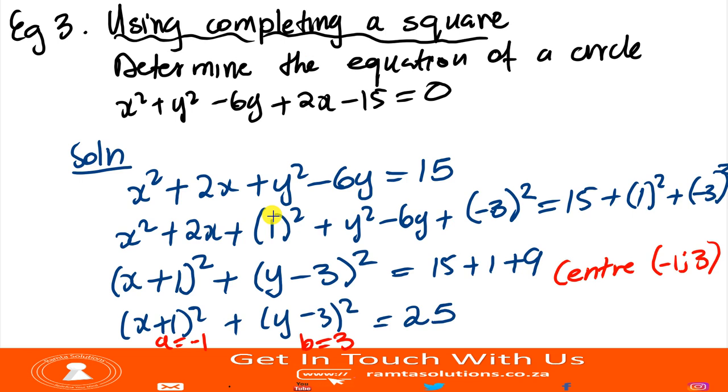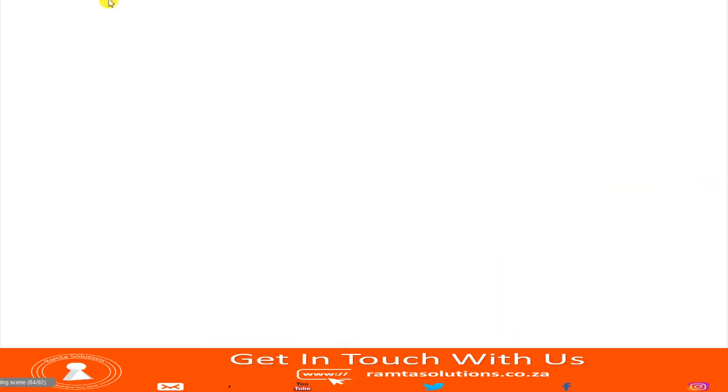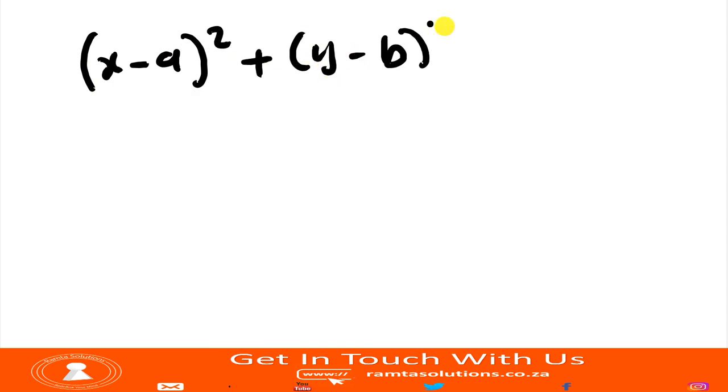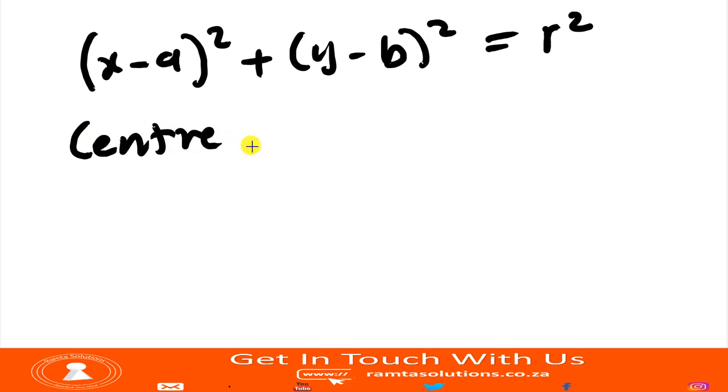I want to summarize and say, remember, when the center is not the origin, your equation is x minus a all squared plus y minus b all squared equals r squared, where the coordinates of the center are a and b.